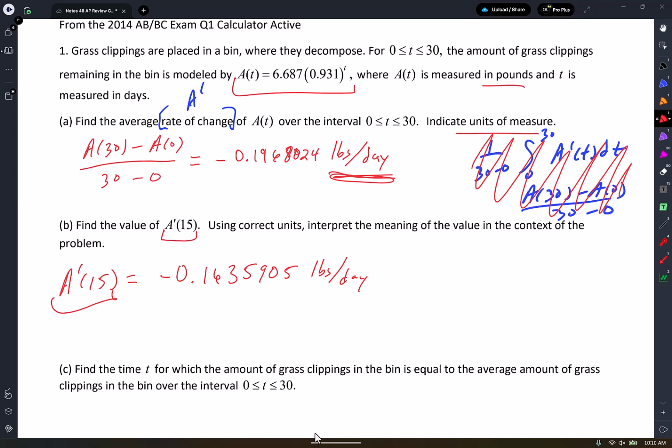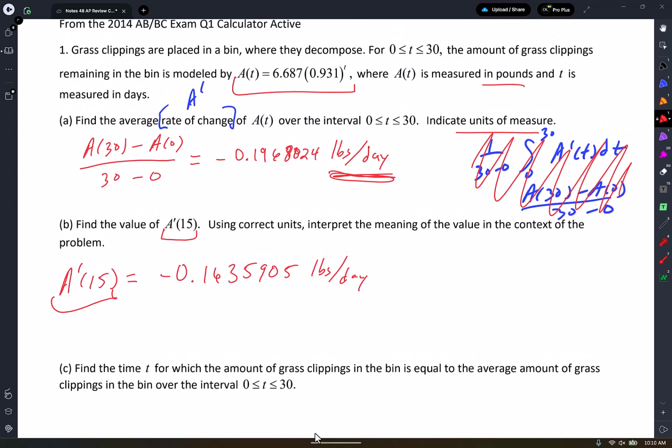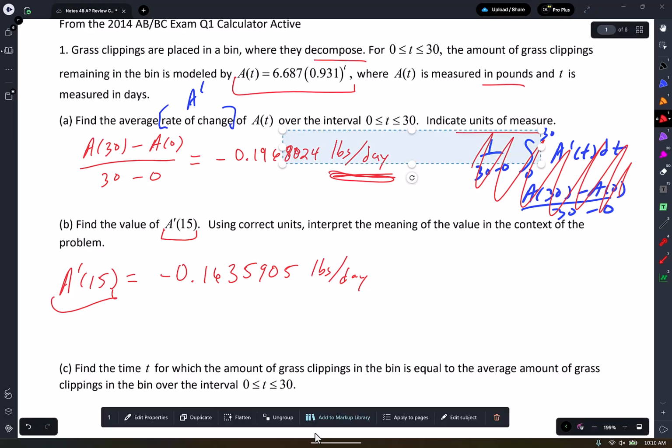In the context of this problem, grass clippings are placed in a bin. The amount of grass clippings remaining in the bin is modeled by A of t, where A of t is measured in pounds.